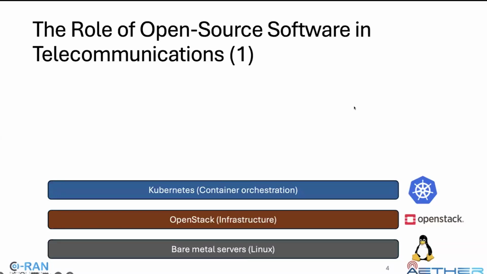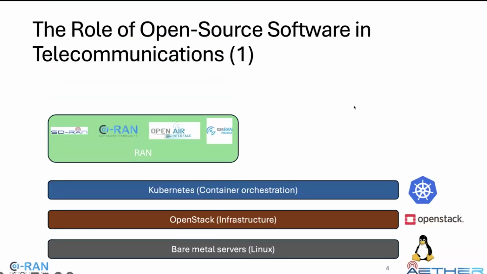But then on top of that, for Open RAN, what do we have? In the RAN space, I listed here a few projects. First, the SD-RAN project from Aether. SD-RAN is a near-real-time RIC implementation, which is compliant with the E2 interface of the O-RAN specifications.